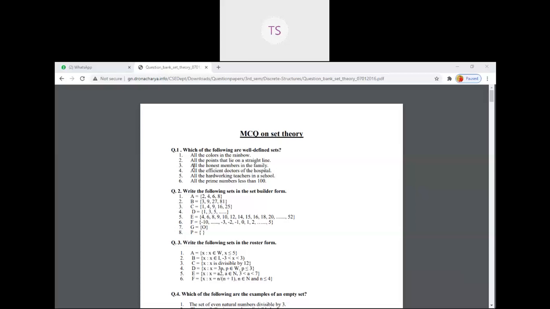Now go for the third one. All the honest members in the family. Look at this particular word, honest. Can you say that this word honest has a definite, fixed definition?